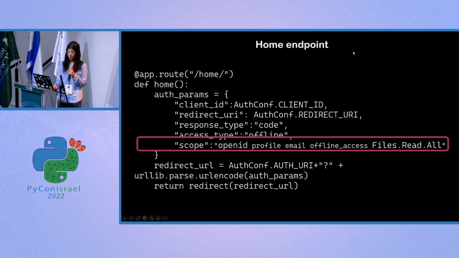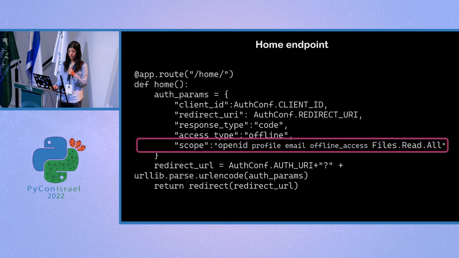Now, this is an important part, the scope. The scope is the things that we want to access in the end. So when we want to use the OpenID protocol on top of the OAuth 2 protocol, we mention that in the scope: we request the OpenID scope. And if we want to get the details of the user, we also mention the claims that we want to be in the ID token, which are the profile and the email.